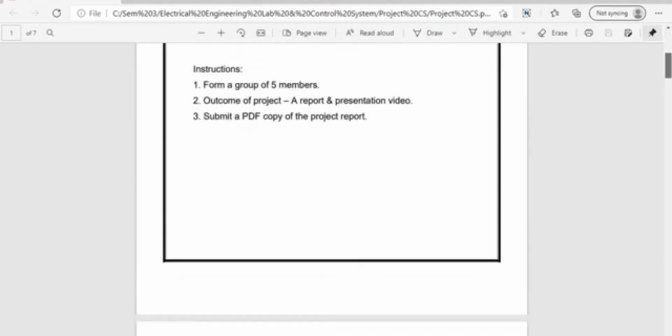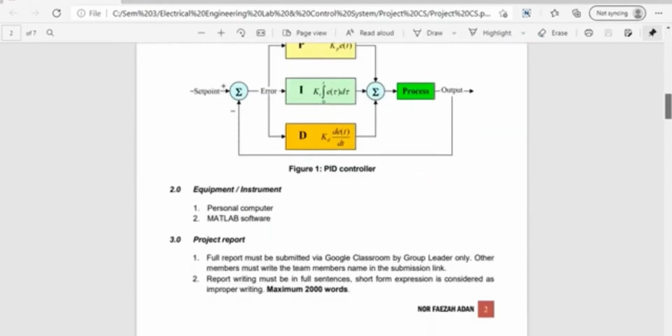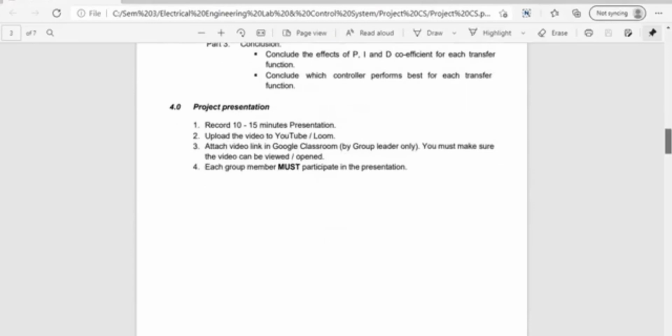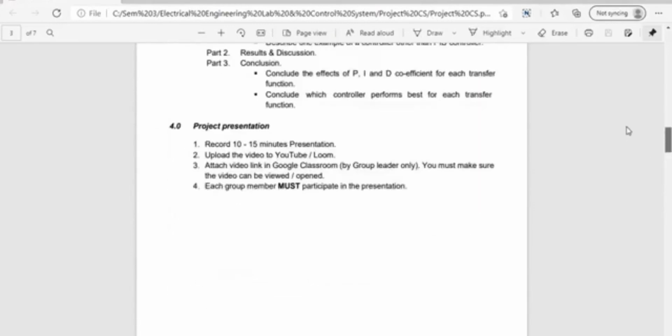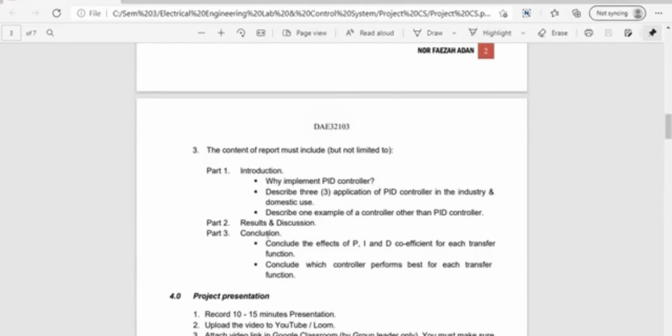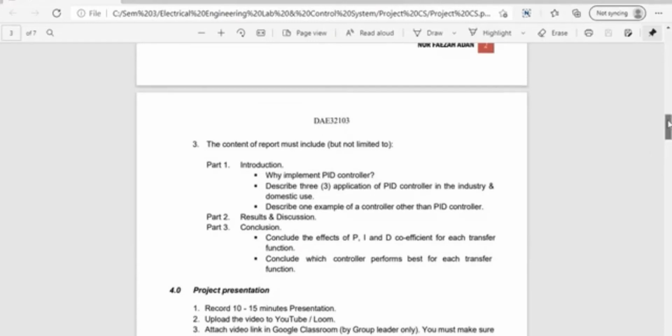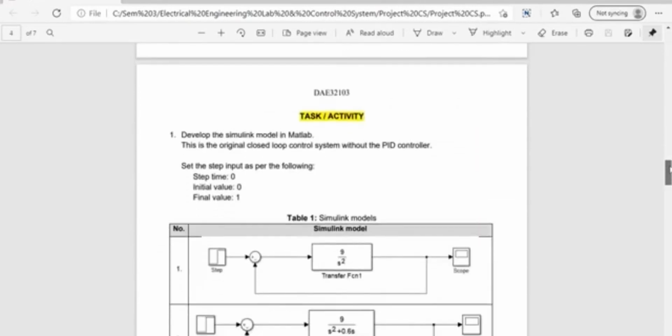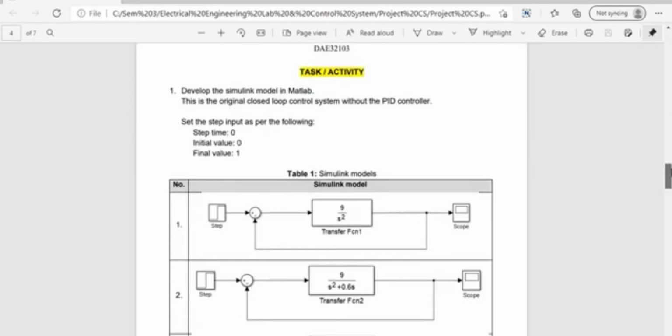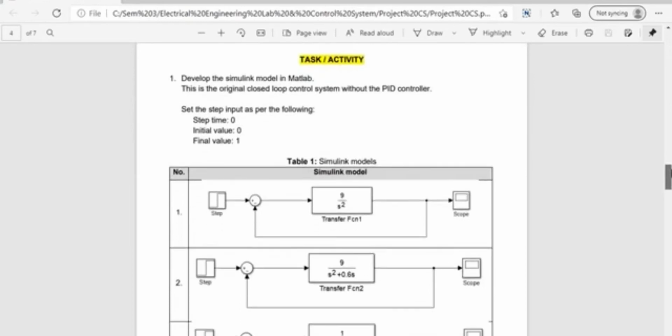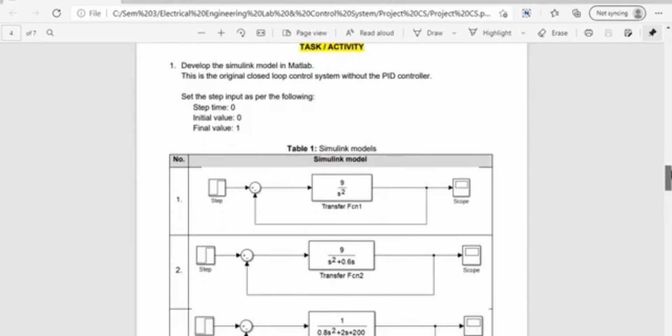Based on this project, I'm going to take part 2, which is result and discussion. Based on the test activity that has been given, we have to develop the assembly model in MATLAB.